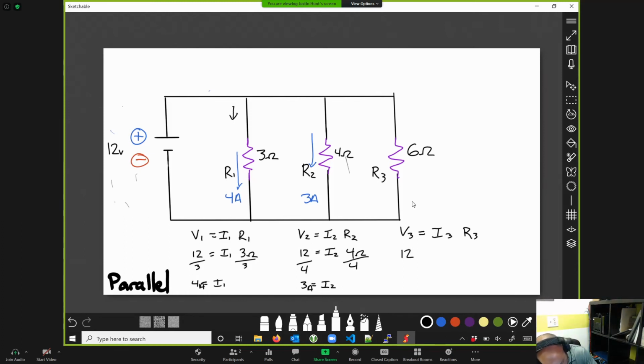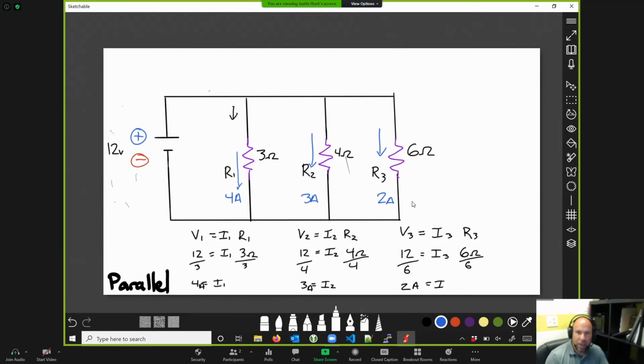12 volts. We do not know the current, that's what we're trying to figure out, but we do know that there's 6 ohms of resistance, and we'll balance this equation, leaving 2 amps of current going through this channel. 2 amps of current.